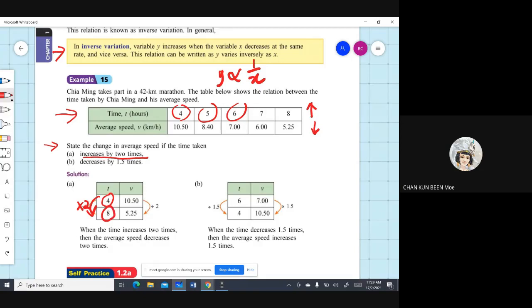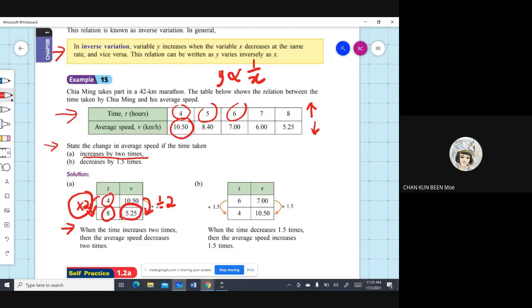Therefore, for the average speed, originally it is 10.5, right? In the inverse variation, when this part you multiply by 2, this one you have to divide by 2. So 10.5 divided by 2, we get 5.25. Therefore, you see the answer given here. When the time increases 2 times, then the average speed decreases 2 times.